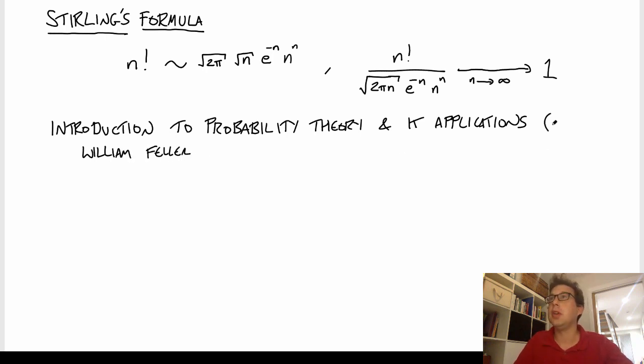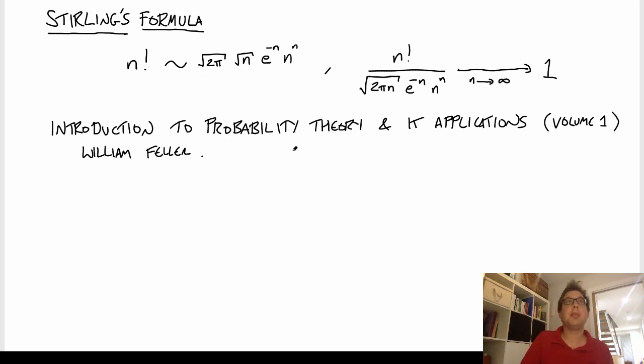This should be volume 1. It's a two-volume series of books by a very famous probabilist called William Feller. In fact, this is considered to be one of the first proper textbooks on probability theory, and he gives a great rundown of the argument of why this is true. He also gives some excellent error bounds on this result as well. So he gives a nice proof if you've got a bit of time on your hands.